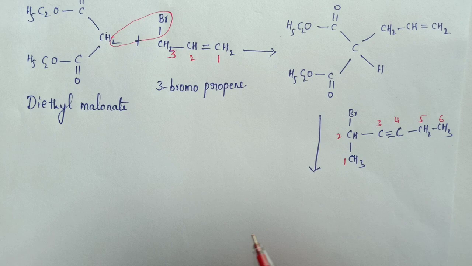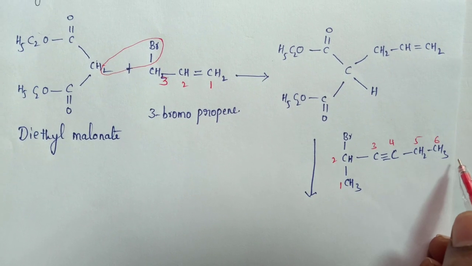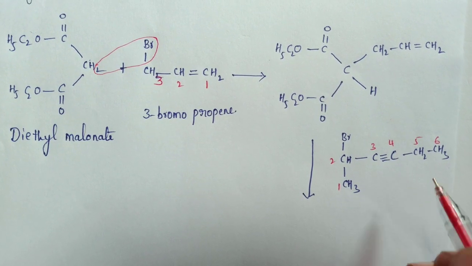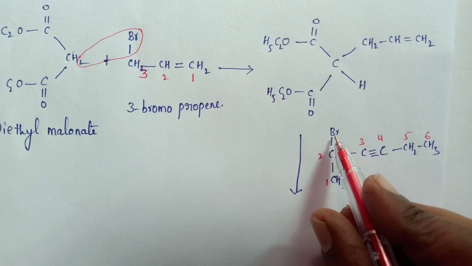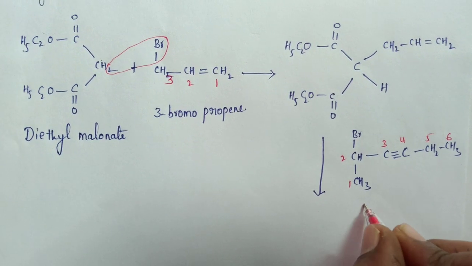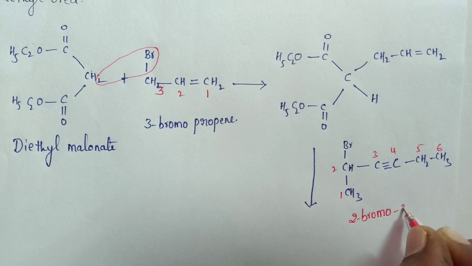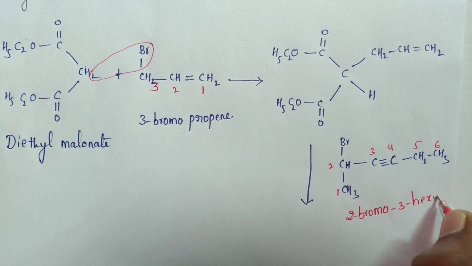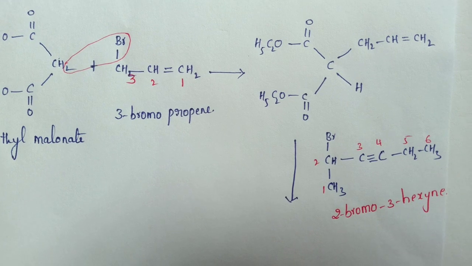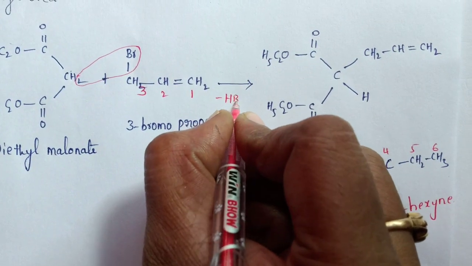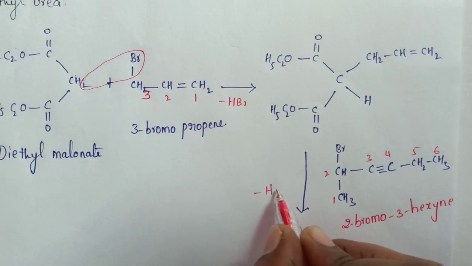A 6 carbon chain we can name as hexane, which has a triple bond. At the second position it has bromine, so we name it 2-bromo-3-hexane. And here also there is a loss of HBr.